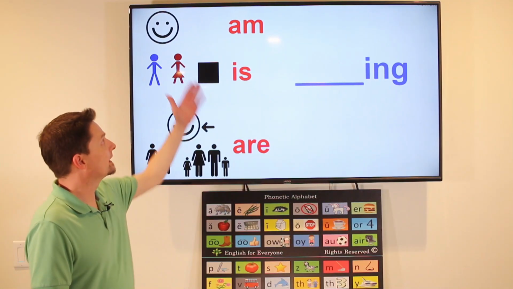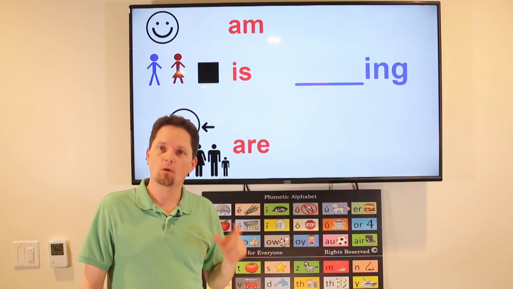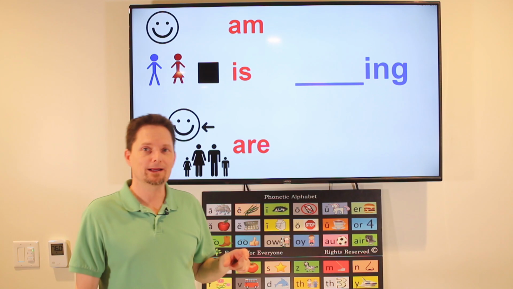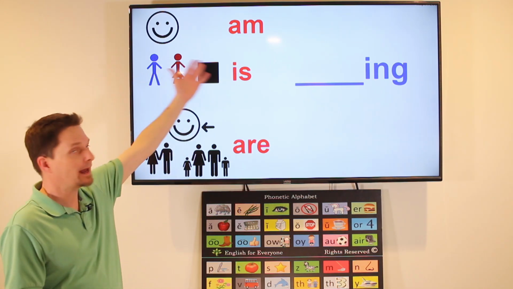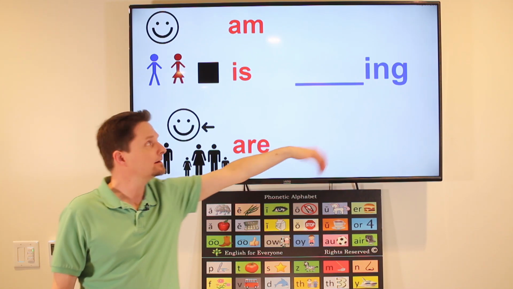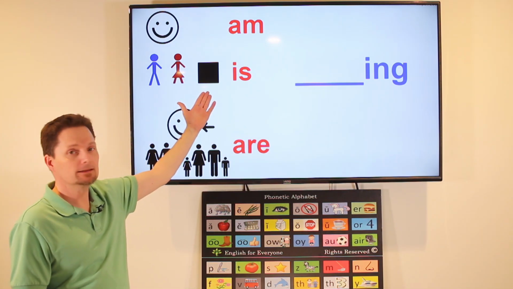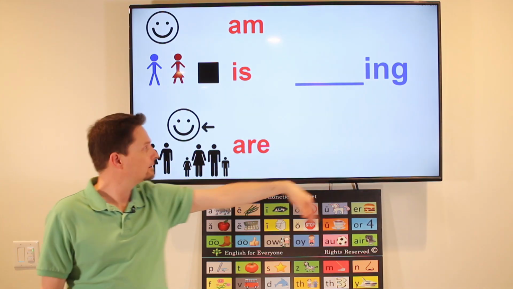We use actions am, is, and are with action in continuous form. Action: work. Continuous: working. I am working. He is working. She is working. It is working.